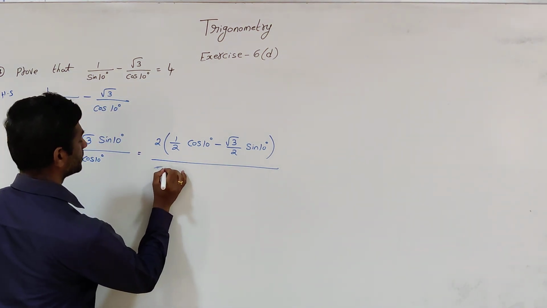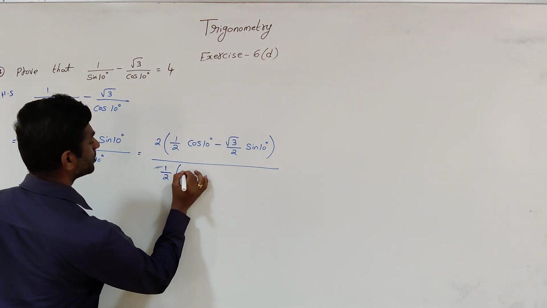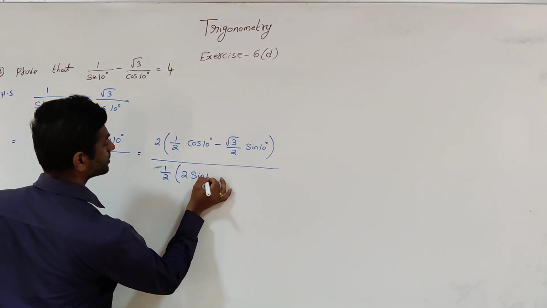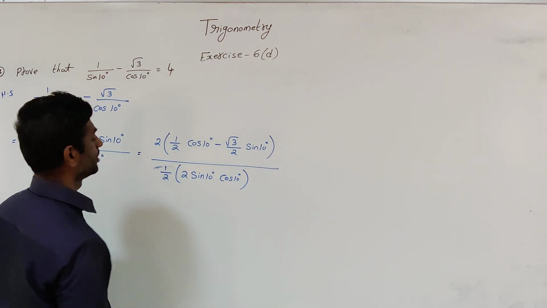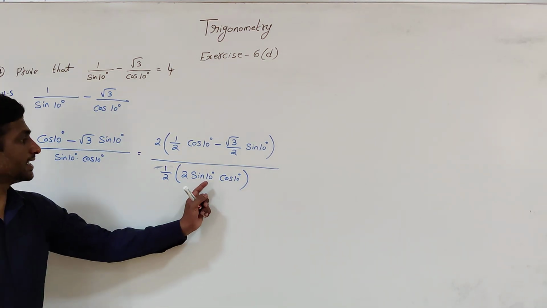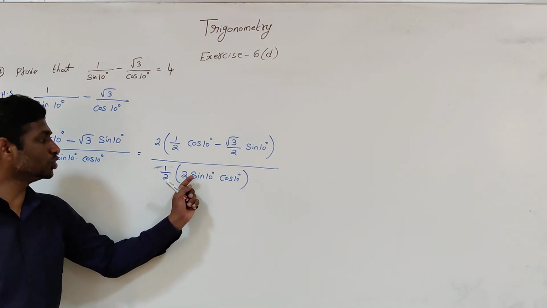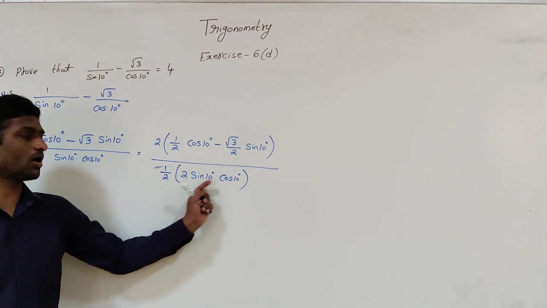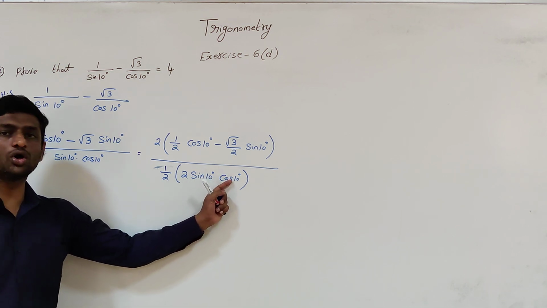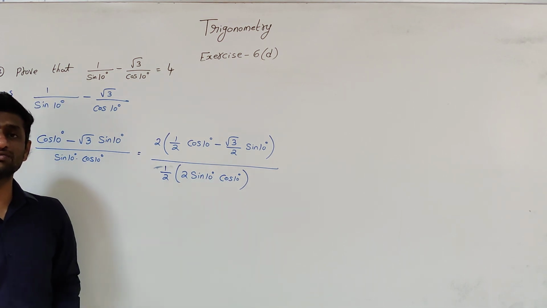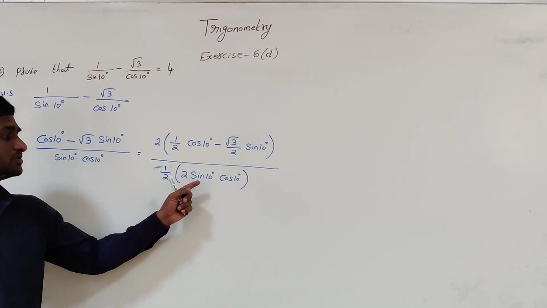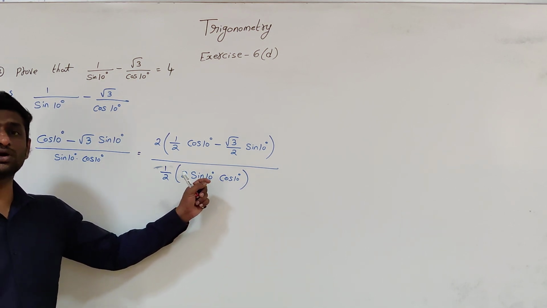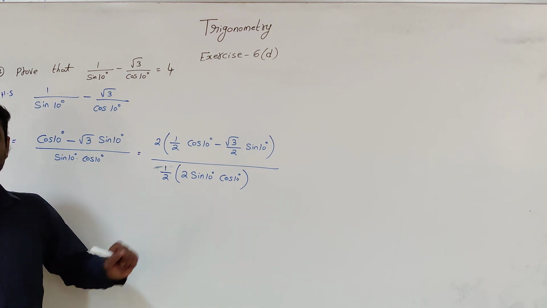So it will be 1 by 2 times of 2 sin 10 degrees cos 10 degrees. If you observe in the denominator, as the angle is same, 2 sin A cos A is sin 2A, but in the place of A it is 10. So it becomes sin of 2 times of 10 degrees. So that is sin 20.